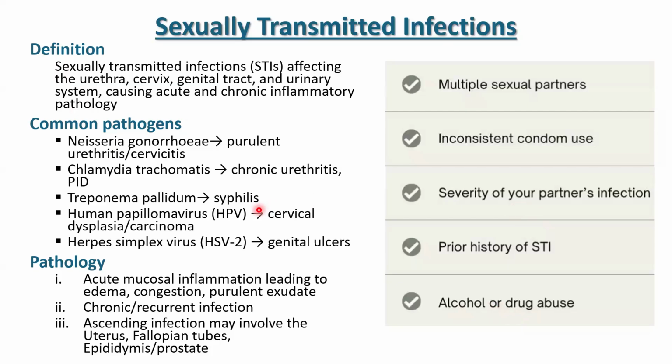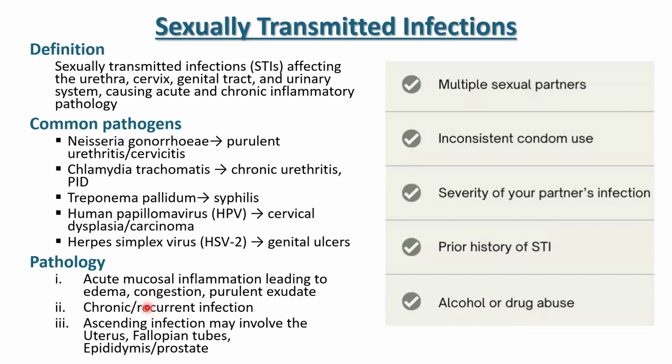So pathologies of these STIs, how will they present? It will present with features of cervicitis, features of urethritis, inflammation of the urethra, features of inflammation of the bladder, cystitis.